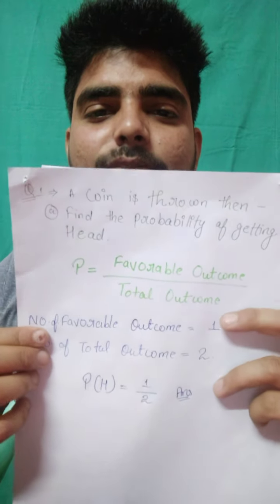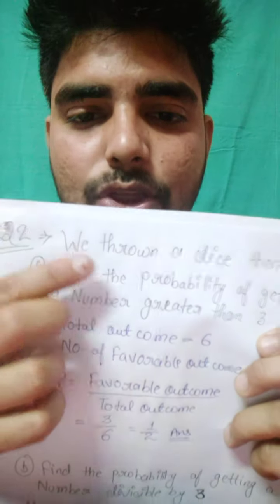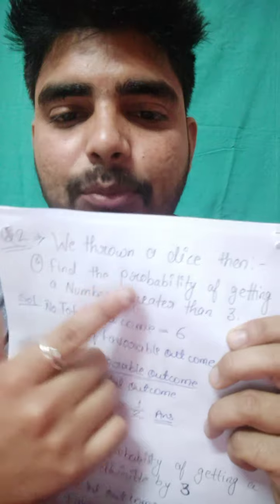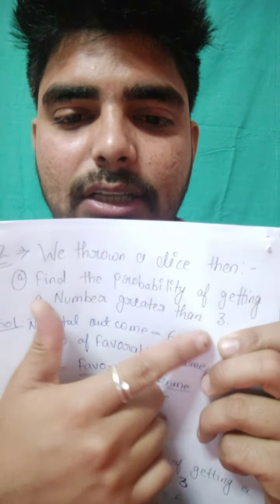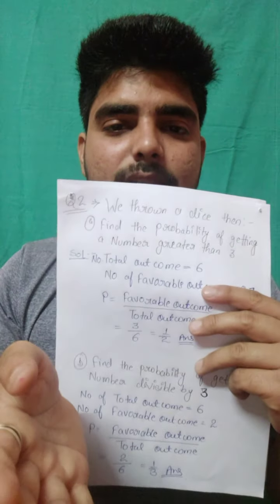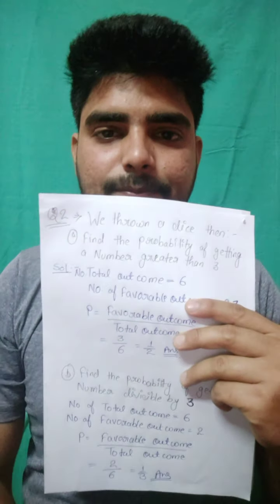Let's take another question. We throw a dice, then find the probability of getting a number greater than 3. In this case, we throw a dice. We might get 1, 2, 3, 4, 5 or 6.